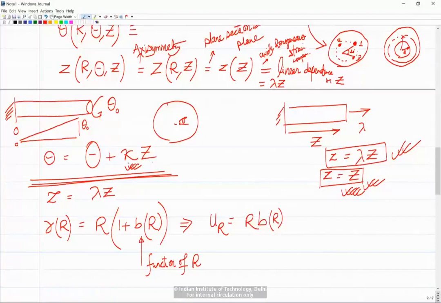Therefore, we had assumed the displacement u theta to be linear in z. Here we are not talking of displacement u theta to be linear in z. We are saying, so here this kappa can be finite, this twist can be finite here. And due to this, u theta will not be linear in z.